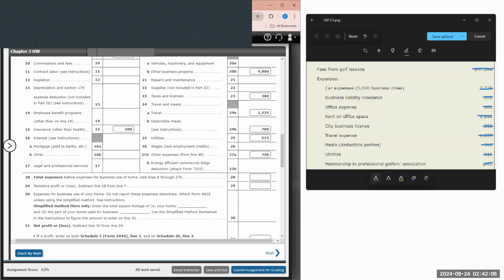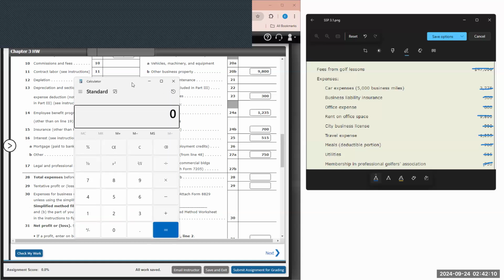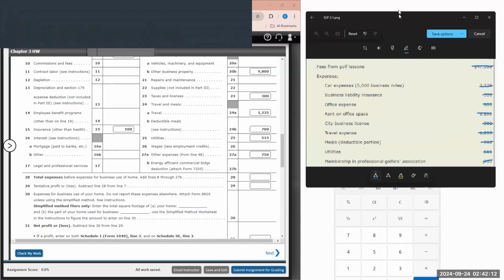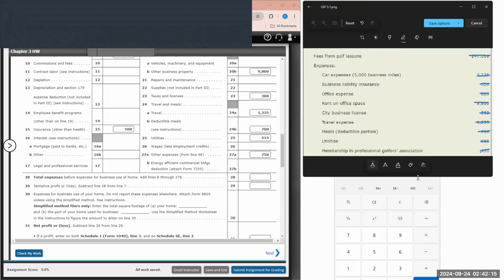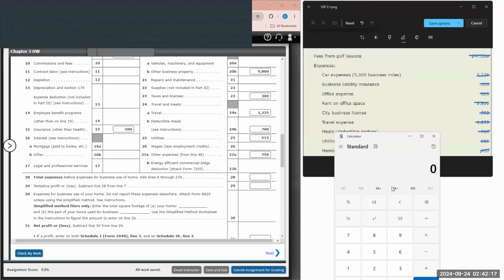And then now the next step is for us to determine, well, what are our total expenses? So we get our handy dandy calculator, and we start to add up the amounts.